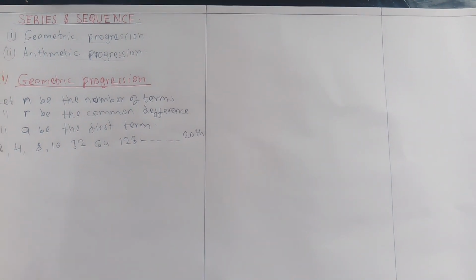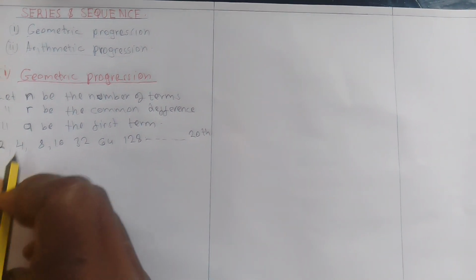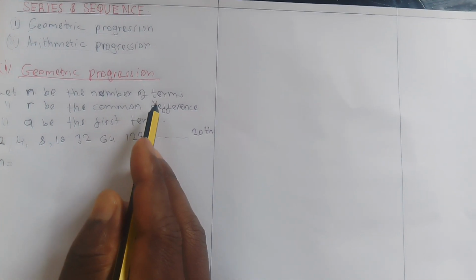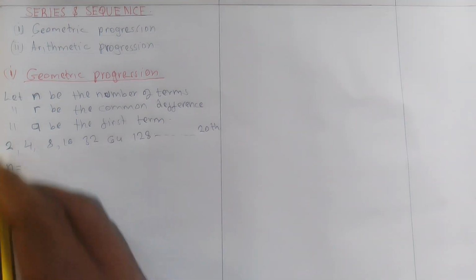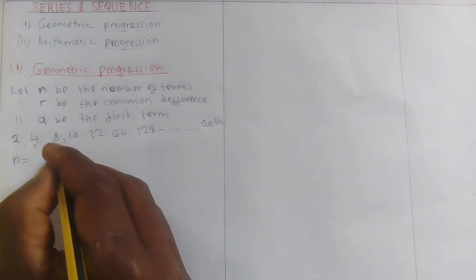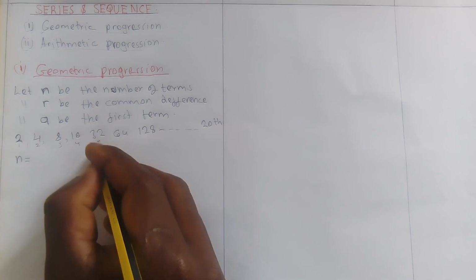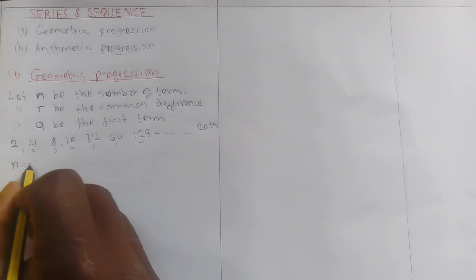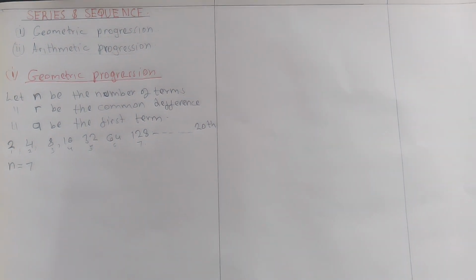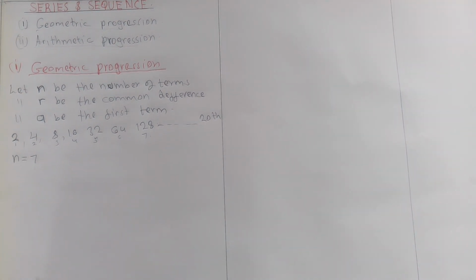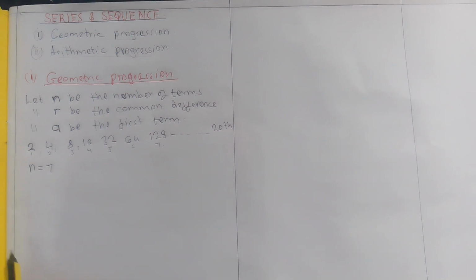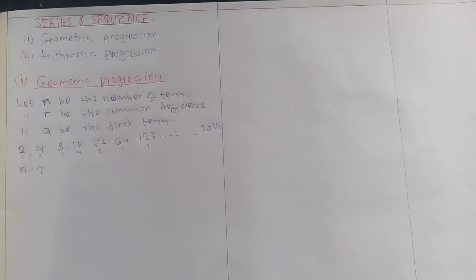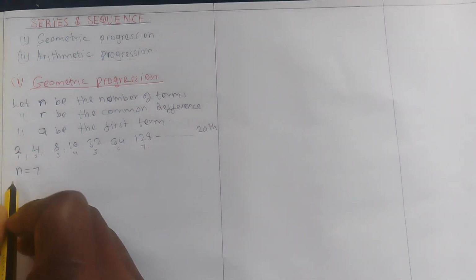So let's explain our letters. n is the number of terms. The number of terms we can name 1, 2, 3, 4, 5, 6, 7. So our n is equal to 7. It does not mean it is the term in the sequence, but just the number of terms if you count from 1 to the maximum.